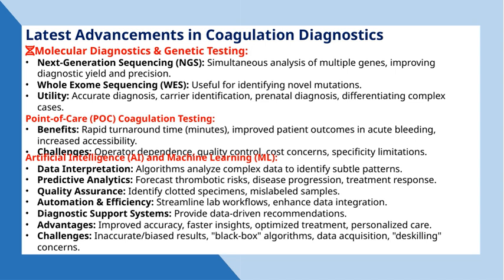Additionally, AI can help ensure quality by detecting issues like clotted samples or mislabeled ones. Automation improves lab workflows and data integration, making processes more efficient. Diagnostic support systems powered by AI can even provide data-driven recommendations to guide clinical decisions. Overall, these advancements bring us closer to more accurate, faster, and personalized patient care.